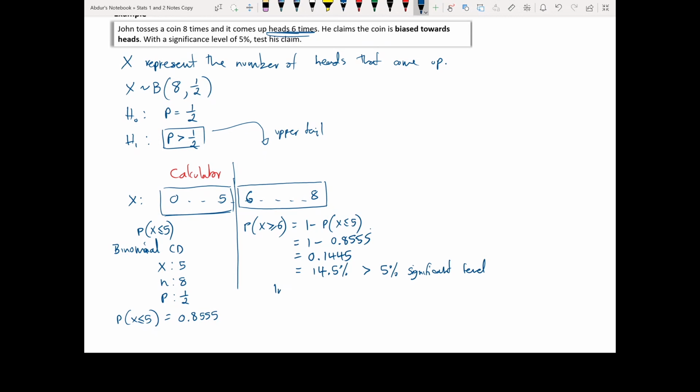Therefore, we have insufficient evidence to reject H0. So we can then conclude the coin is not biased towards heads.